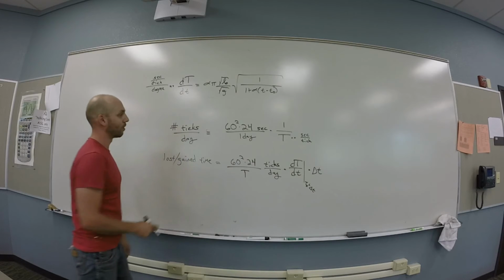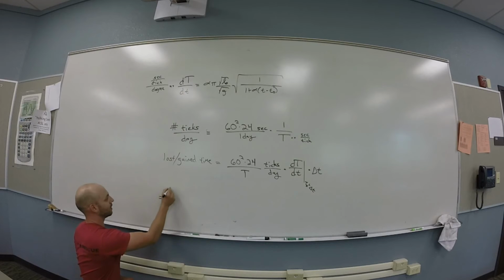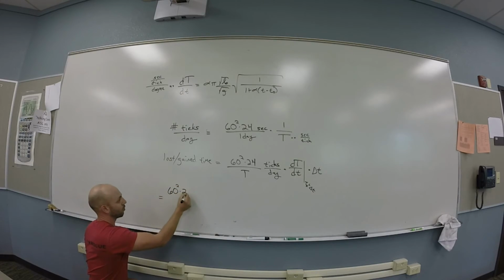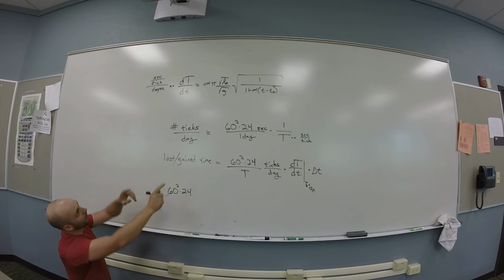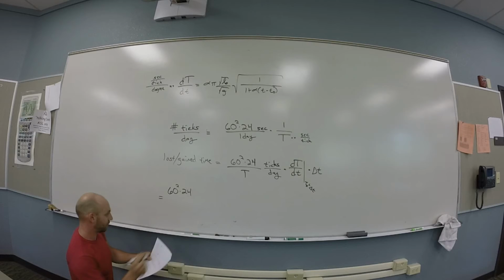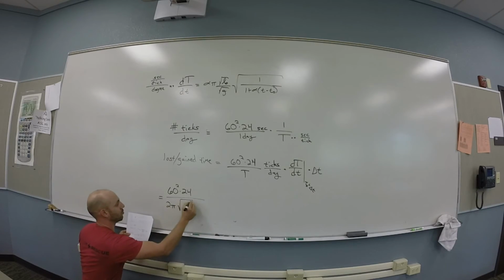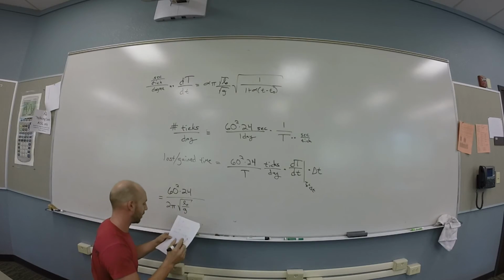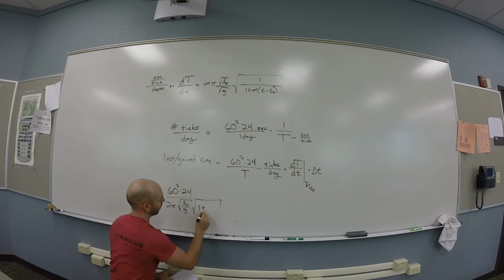Okay, so if you plug all this in here, you get that the lost or gained time is 60 squared times 24. And then I need to divide by T. So I've got this whole formula for T, and it's got a 2 pi, the square root of L naught over g. And this is manipulated just a little bit. Actually, I'm lying to you just a tiny bit, but I'll tell you why later.